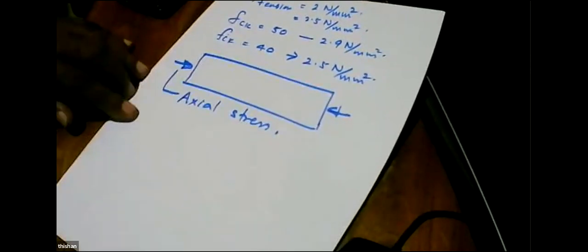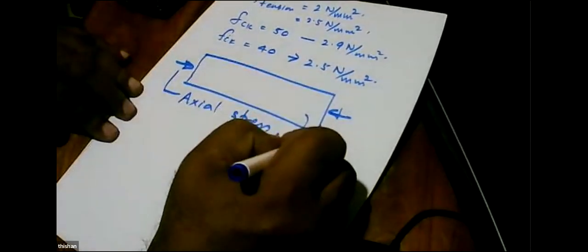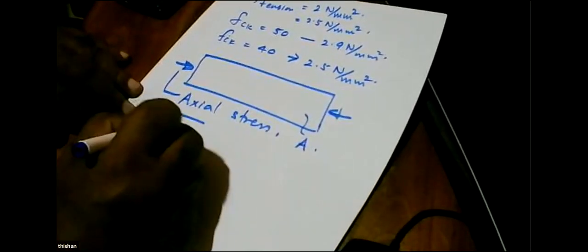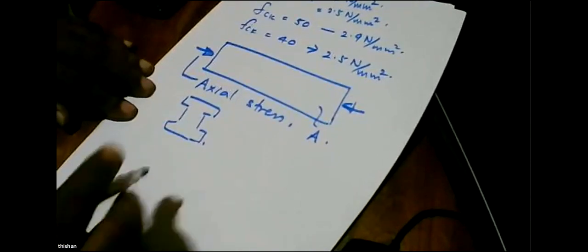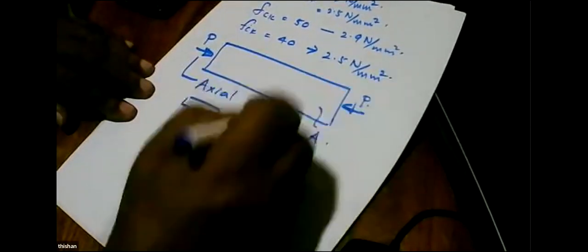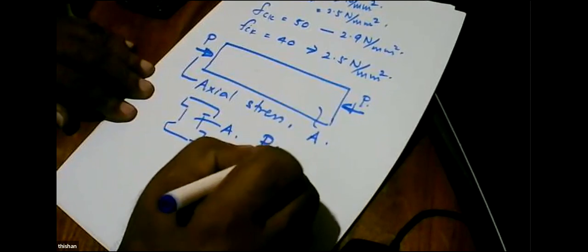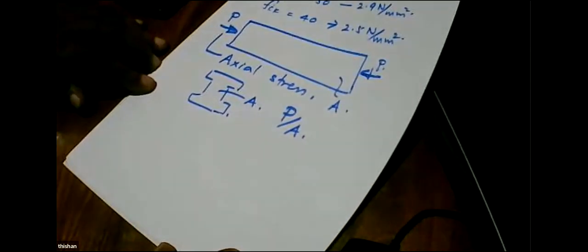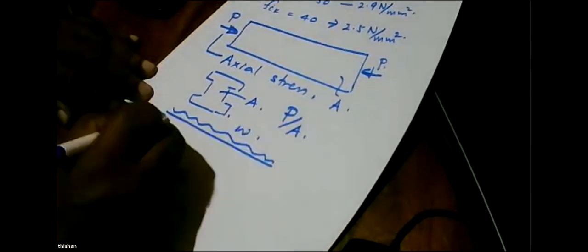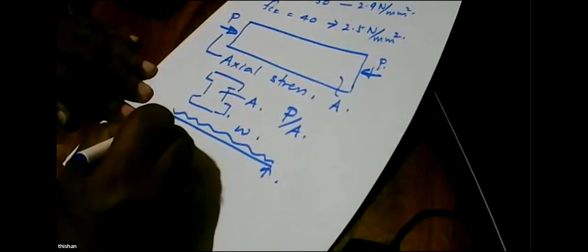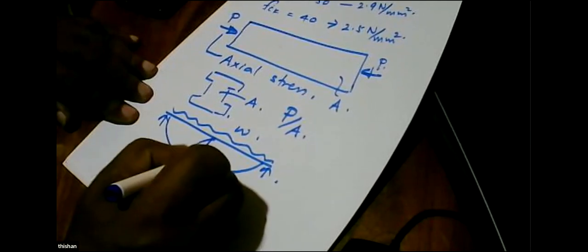So if the area of the section is A and the force is P, what we get is P over A. The stress is P over A. And then we apply the loads W, and we get a bending moment diagram with WL squared over 8, because the span is L.